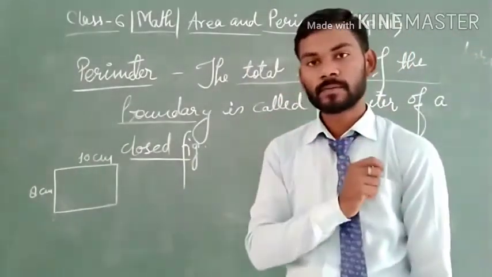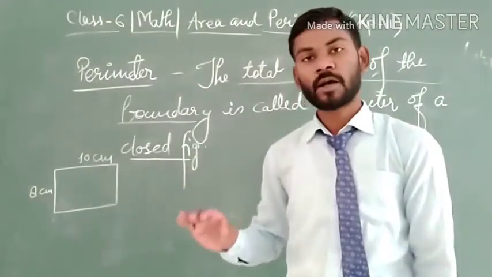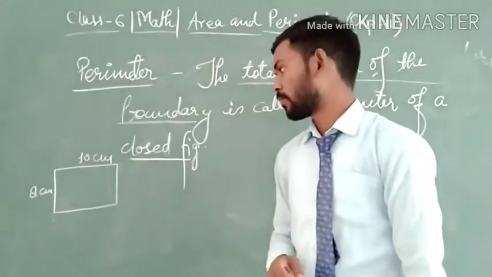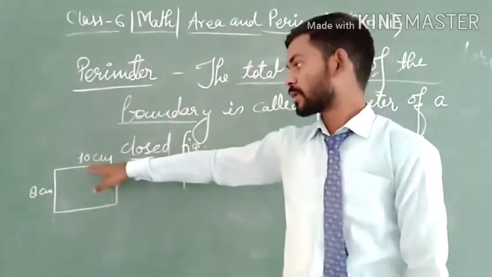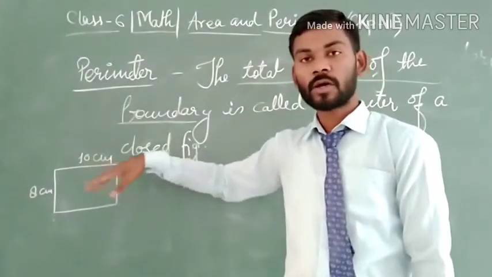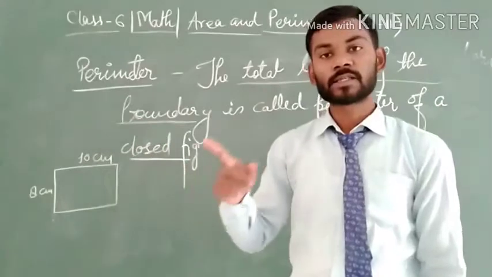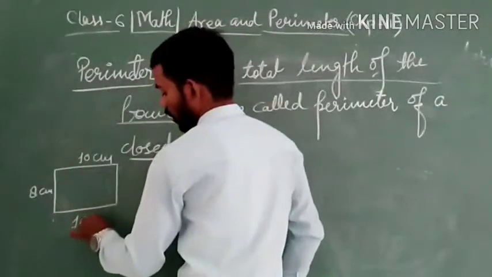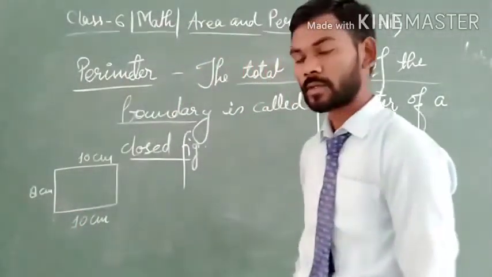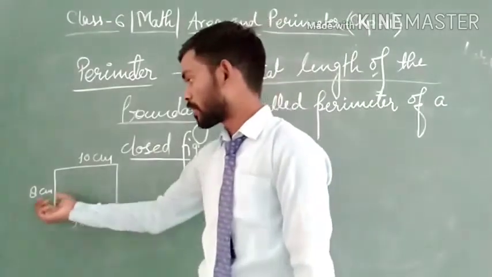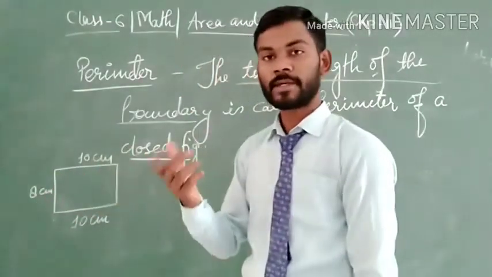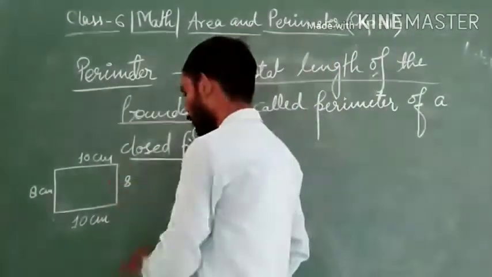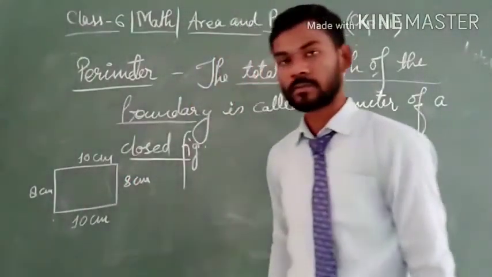Since we know that the opposite sides of a rectangle are of equal length, therefore, if this side is 10 centimeter, then it is obvious that this will also be 10 centimeter, and this side is 8 centimeter and this is the opposite, that is why this will also be 8 centimeter.